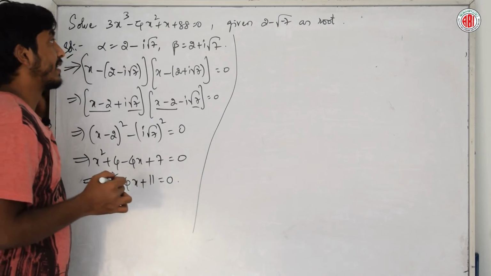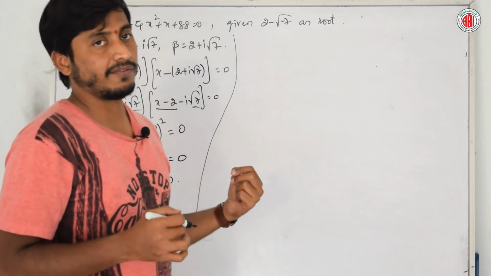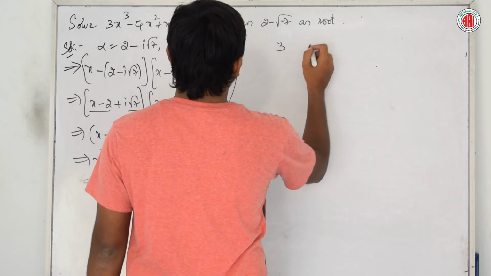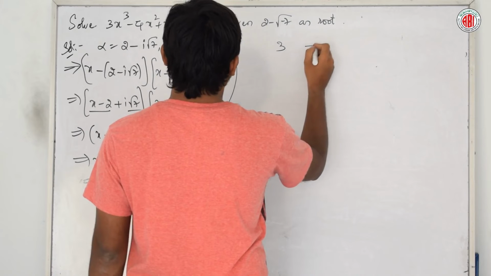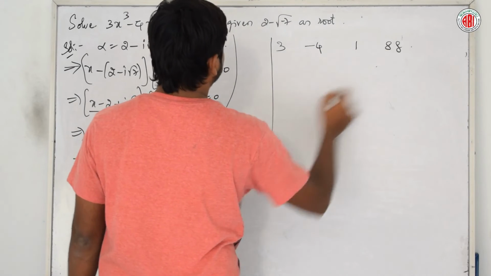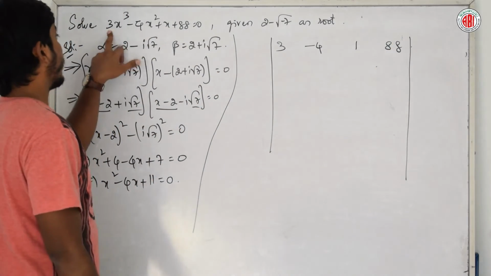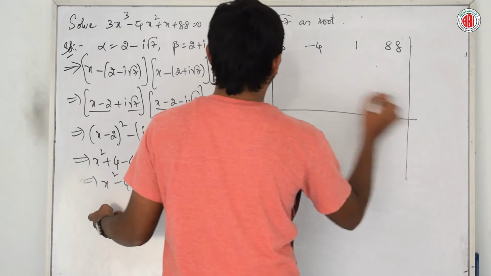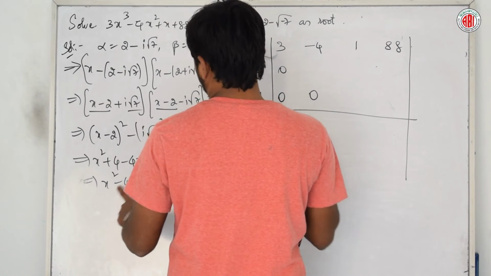Done. Now the next step will be, we will write the equation and we will use the synthetic division method to solve. Now just tell me, the terms are 3, minus 4, 1, 88. Right? Once again see here, 3, minus 4, 1, 88. And the terms are given as 0, 0, 0, 4, minus 11.